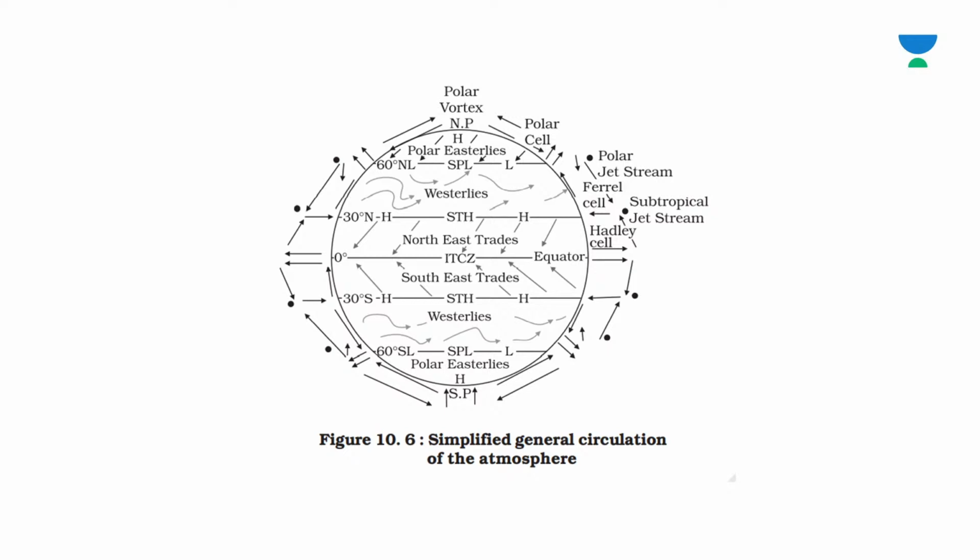Now see the intertropical convergence zone, ITCZ, which rises because of the convection caused by high insolation and a low pressure is created. So we will discuss this. Just go through the diagram first, or you can make a rough diagram, take 3, 4, 5 minutes, then we will discuss in detail.